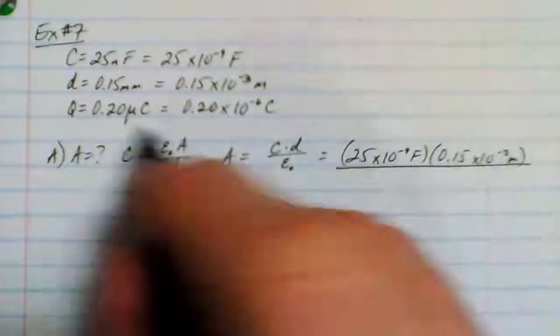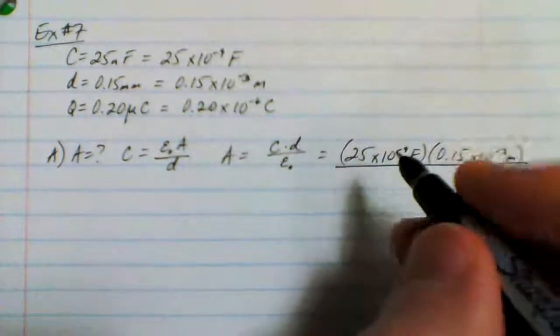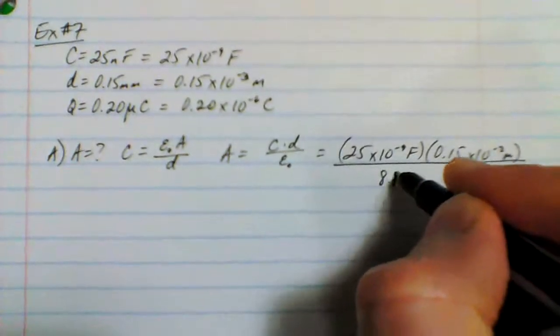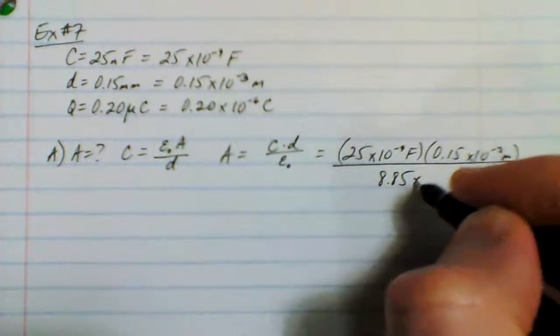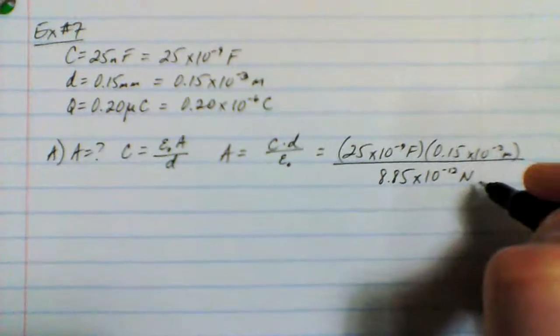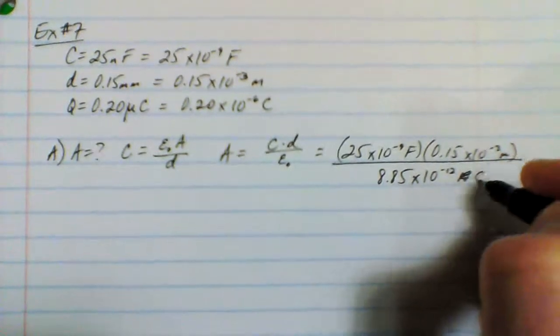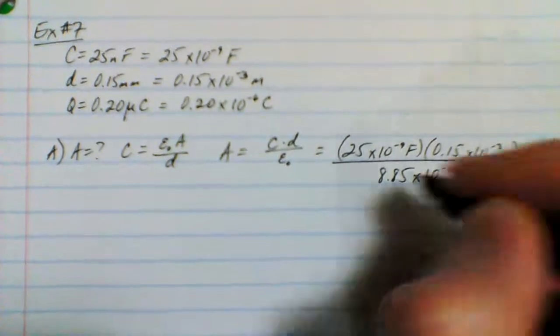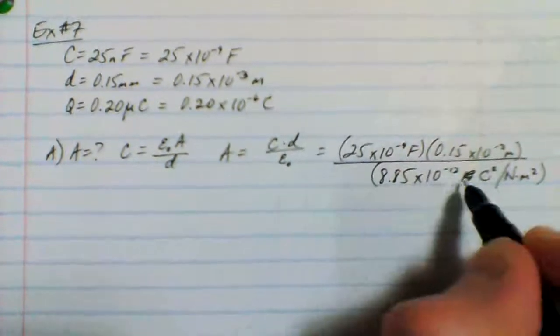And we're going to divide all of that by the permittivity, and the permittivity is given to us as 8.85 times 10 to the negative 12th newtons, nope, that's coulombs squared per newton meter squared. We're not squaring any of the actual values.